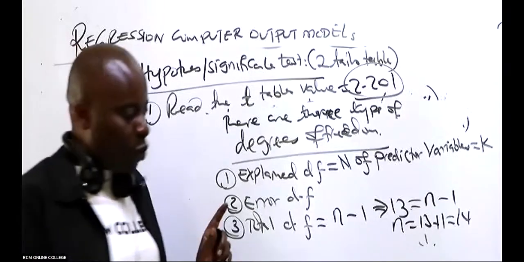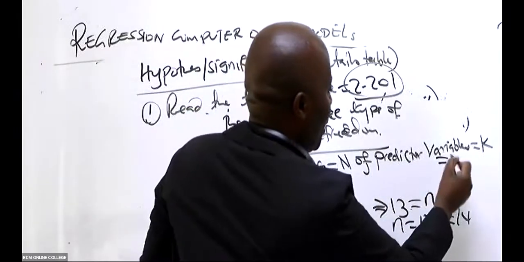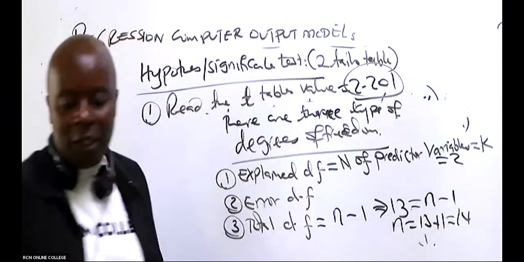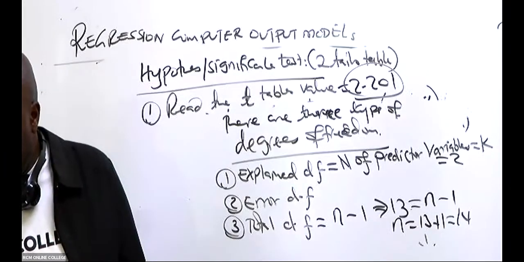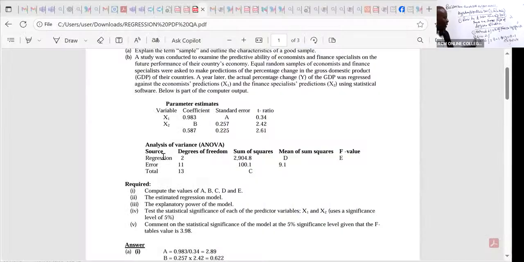So k will be 2. Thank you so much. And that is why, if you look at this very well, you'll be able to see up here, regression, which is the same as explained, has how many degrees of freedom? 2.